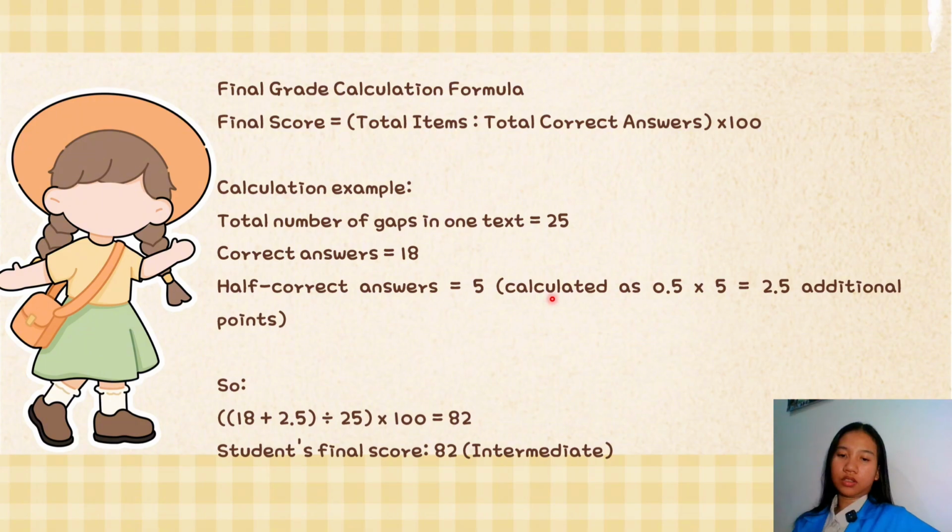Calculate half times 5 for additional points. So we have that number, and the result is 82. So the student's final score is 82, or intermediate.